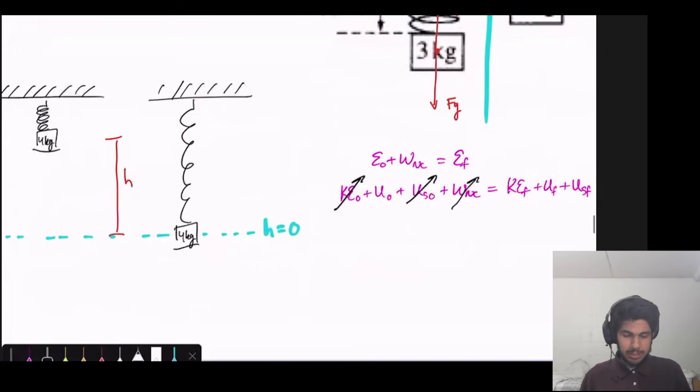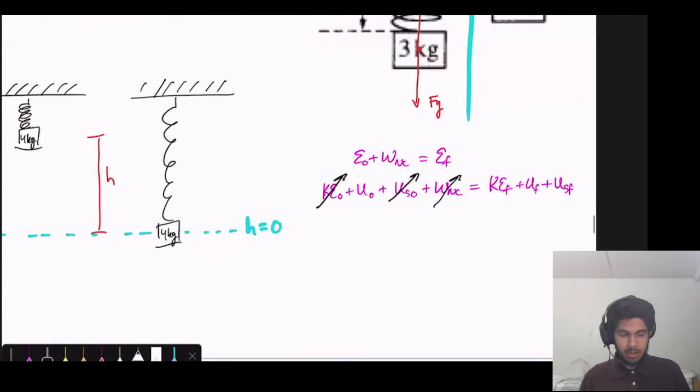So now we'll analyze its final position. This is the point where the block momentarily stops, where it changes its direction.